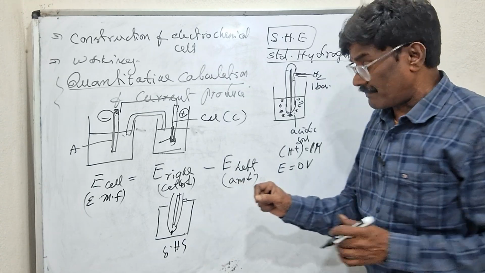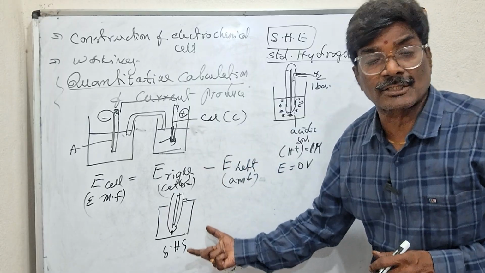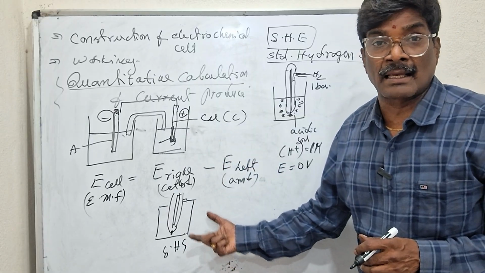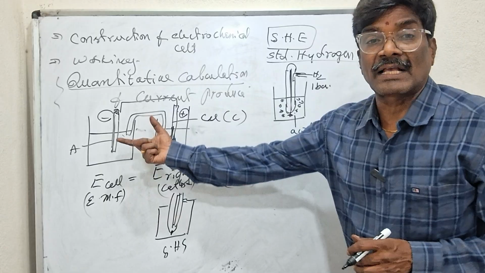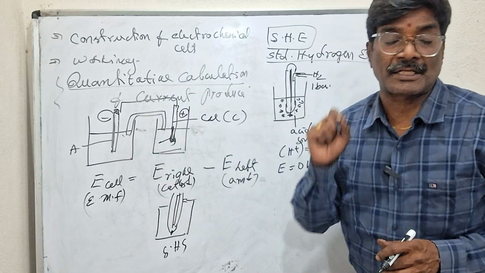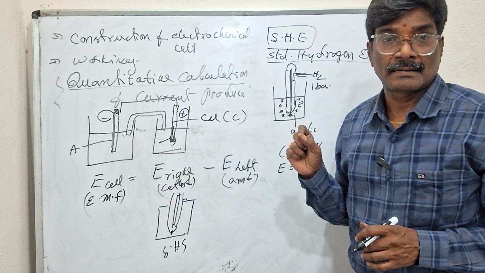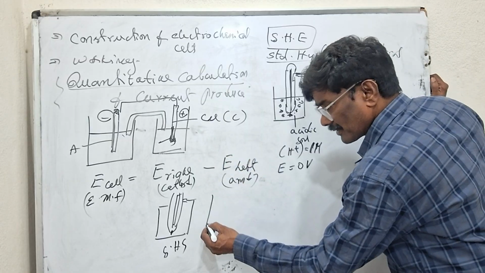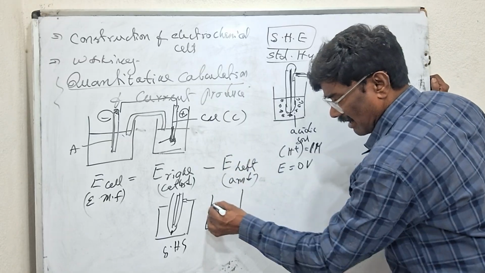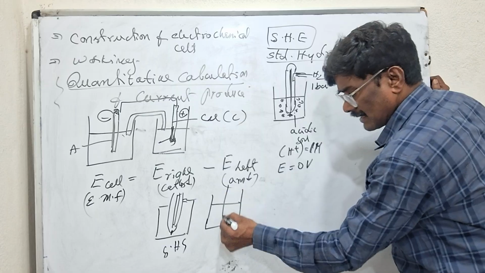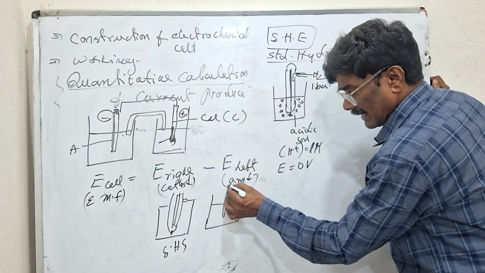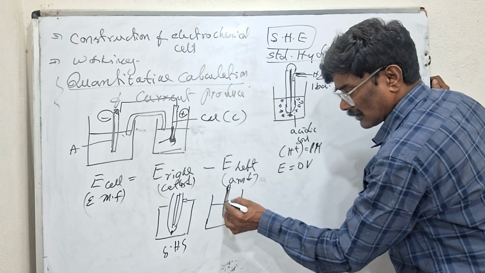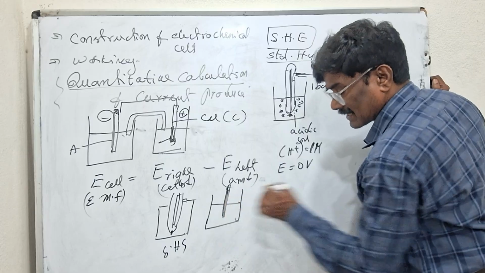Why? If you take it like this, we always get the potential of the entire cell as positive. Okay. Now, any other electrode you take on the right side, any metallic rod dipped in its own solution, acts as the cathode.